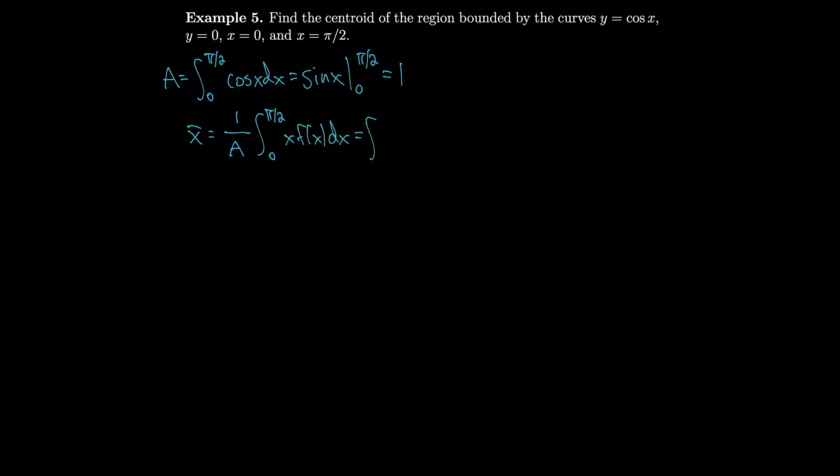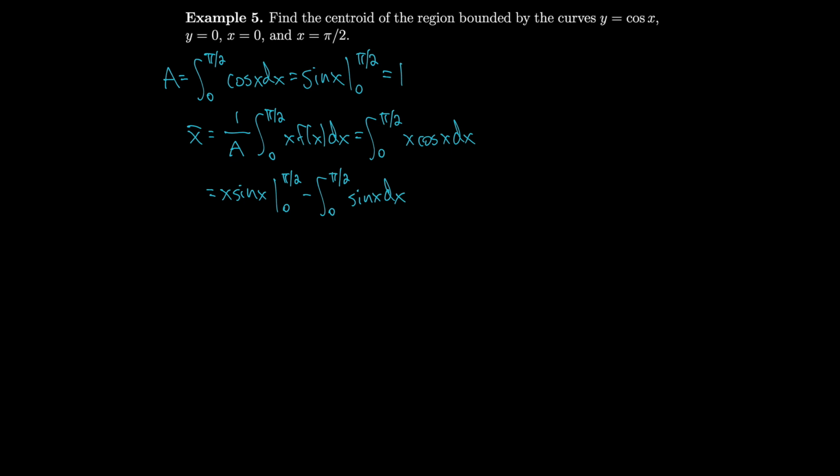So that's just the integral from 0 to pi over 2 of x times cosine x dx, which is just x times sine x from 0 to pi over 2 minus the integral from 0 to pi over 2 of sine x dx, because we use integration by parts. Whenever you see a product like this, it's usually good to use integration by parts. You just let u equal x, and then dv equals cosine.